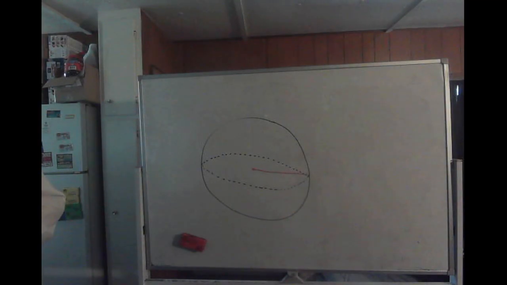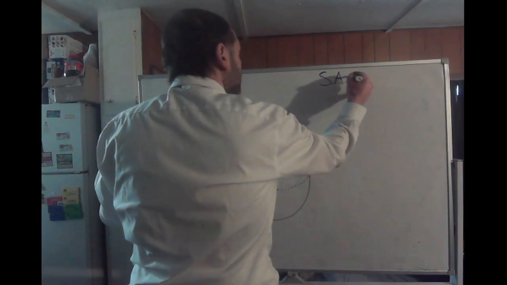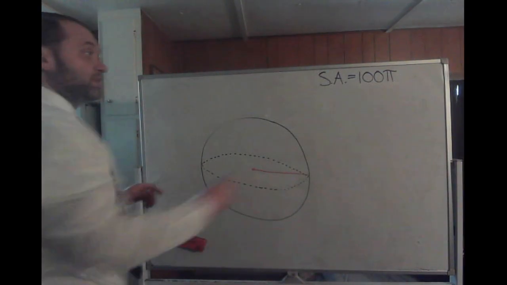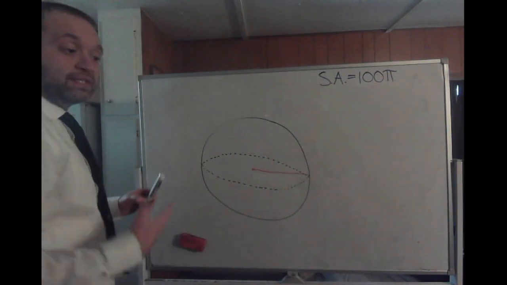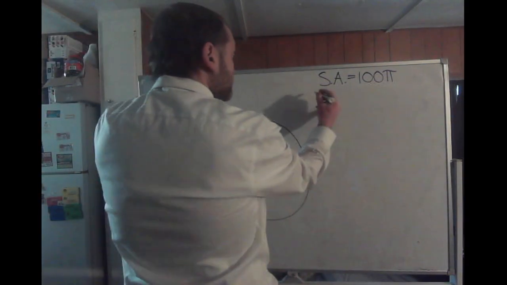We are given that the surface area equals 100 pi. So the surface area of this particular sphere equals 100 pi. We still have to find the radius and then the volume. So what is the formula for the surface area?